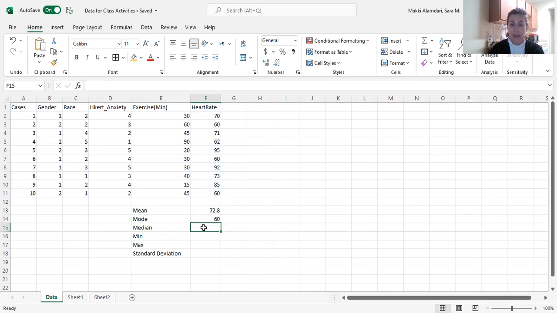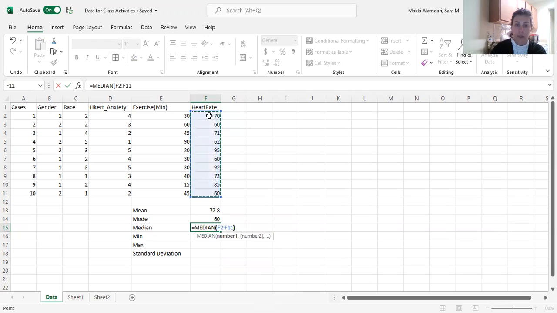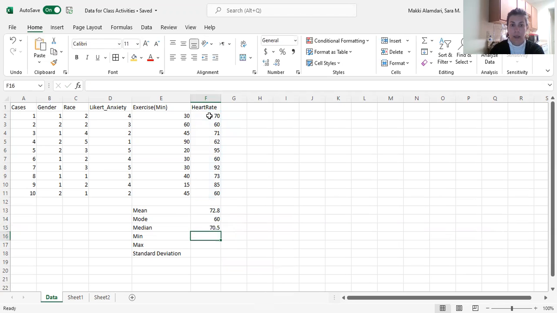To calculate median, again, I'm using an equal sign. And double click on median, choose the range of data, close the parentheses. And this gives you 70.5 as a median of your data for heart rate.